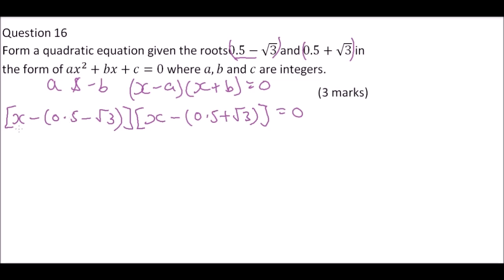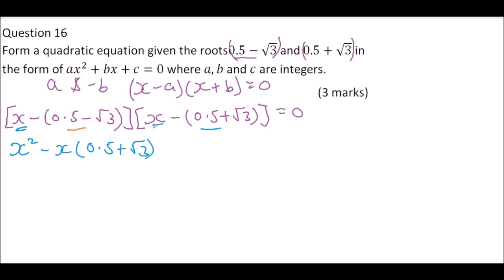normally the way we expand a quadratic equation, so we say x multiplied by x, and that should give you x squared. Then we have x again multiplied by this, so this will be minus x into bracket 0.5 plus root 3. We are through with that one. Then we come to this other part.